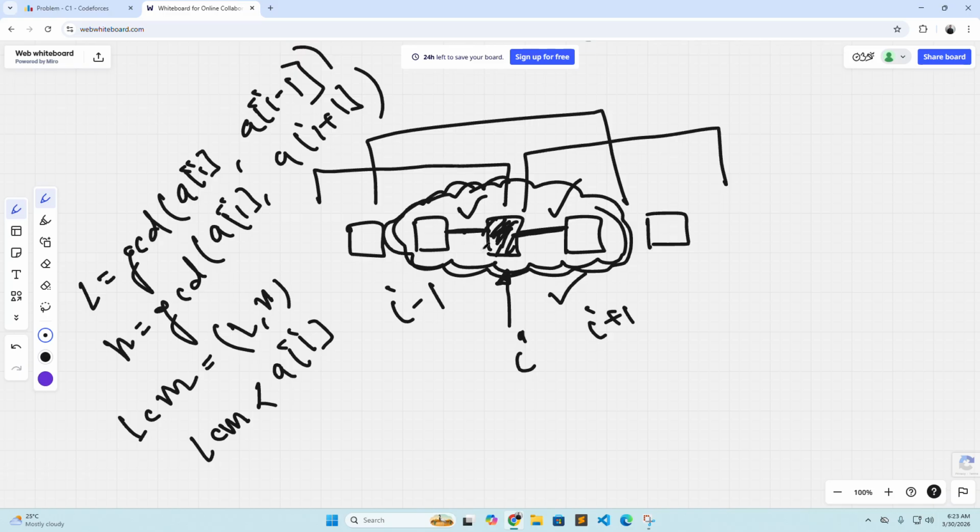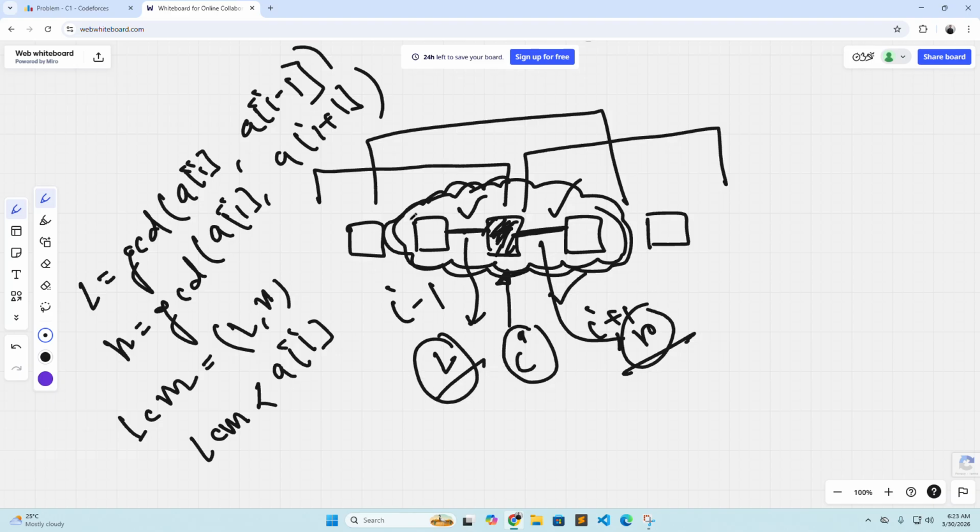How? We get L from here and R from here. If we convert a of i to the LCM of L and R, then the GCD of the three will remain the same, because then a of i will contain both L and R. The LCM contains L and R, so the GCD of the triplet doesn't change.